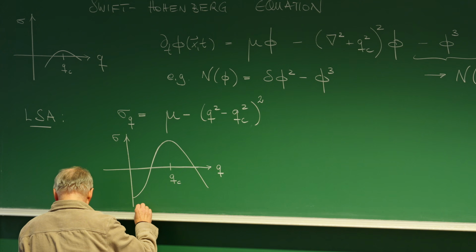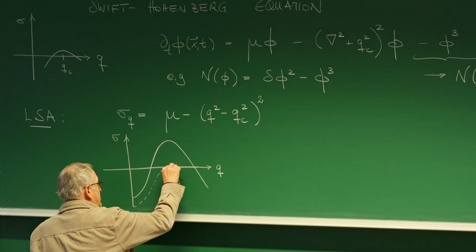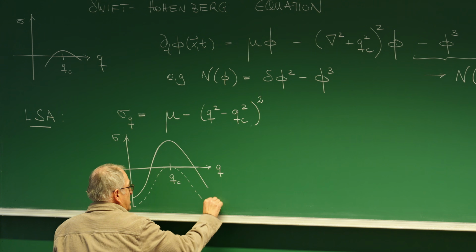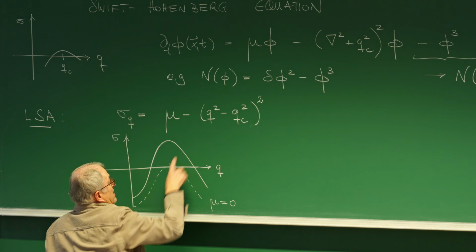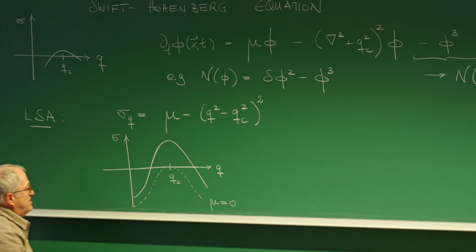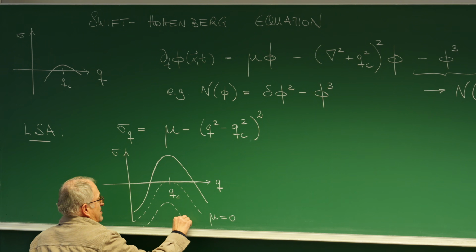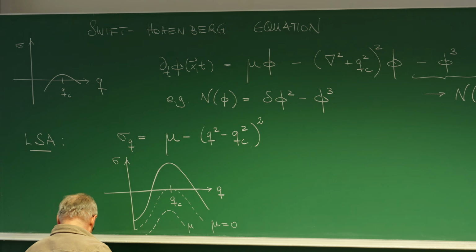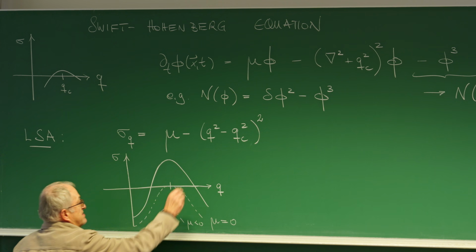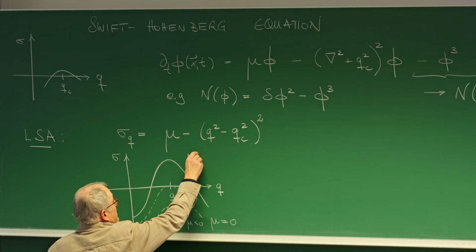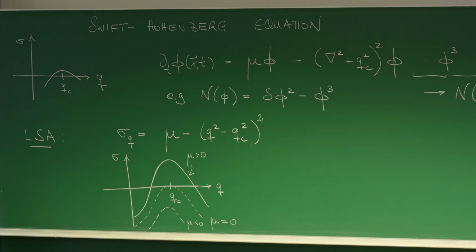And as you would change parameters, right, so there's a transition point where mu is equal to 0. Right, at mu equal to 0, this will have a 0 at q equal qc. Then there's also a range of parameters where mu is smaller than 0. Then you have no band of unstable modes. And you do have a band of unstable modes, in this case, where our parameter mu is positive.